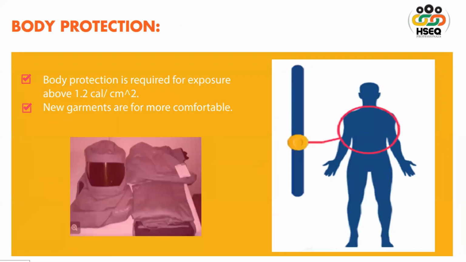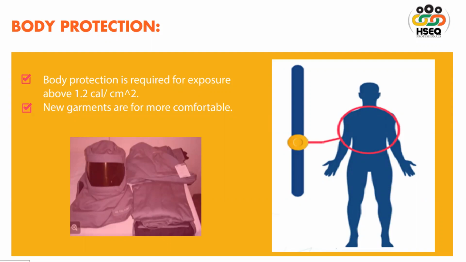Body protection is required for exposure above 1.2 cals per centimeter square. But if you think that a person working below 1.2 cals per centimeter square still has a chance of getting injured or burned, then you can also use body protection for them, even at less than 1.2 cals per centimeter square.